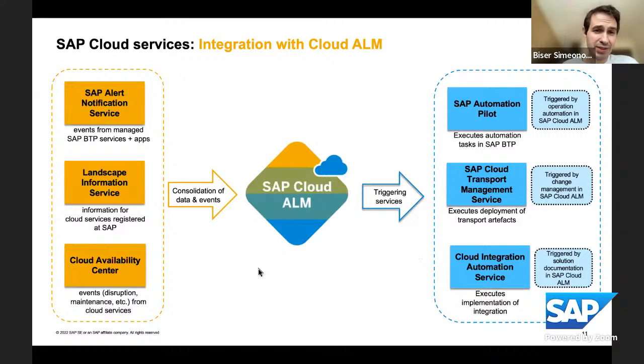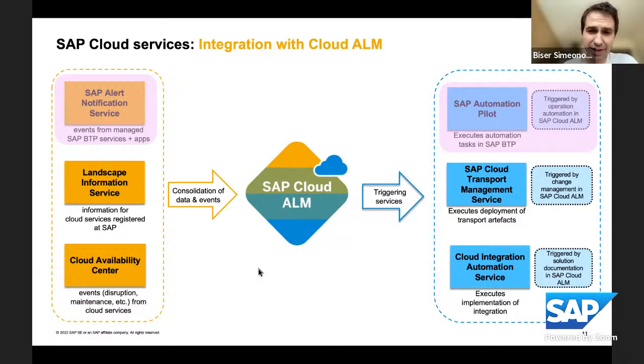So yeah, I mentioned Cloud ALM as an SAP central ops platform. Of course, Cloud ALM has an integration with different BTP services, such as the Landscape Information Service, Cloud Availability Center, and so on. But on top, we have the SAP Alert Notification Service, which can be ingesting the events.